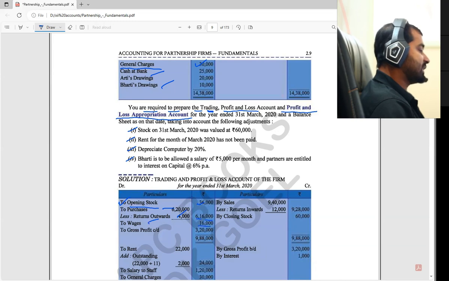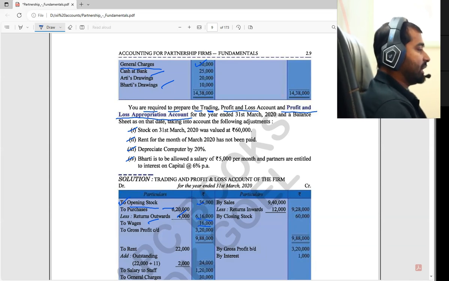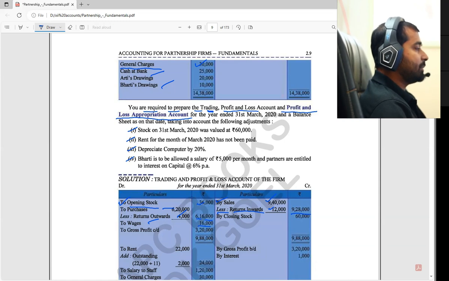To wages, that is 16,000. So on the debit side, we have already written the direct expenses. Now on the credit side, sales less sales return, that is return inwards: 9,40,000 minus 12,000, that is 9,28,000. And remember, the closing stock will not be given in your trial balance.